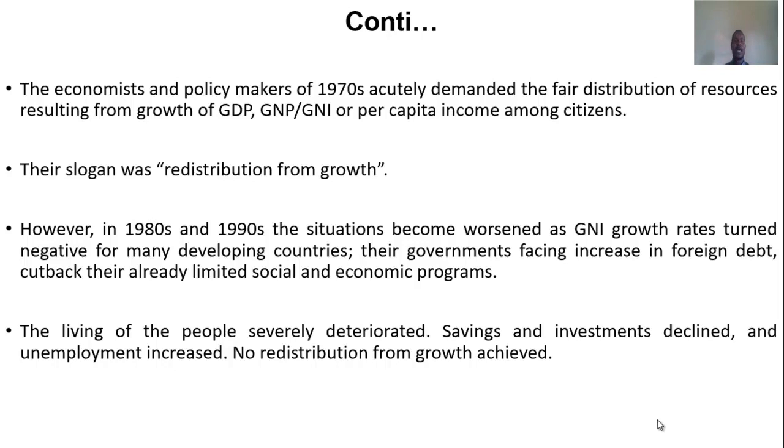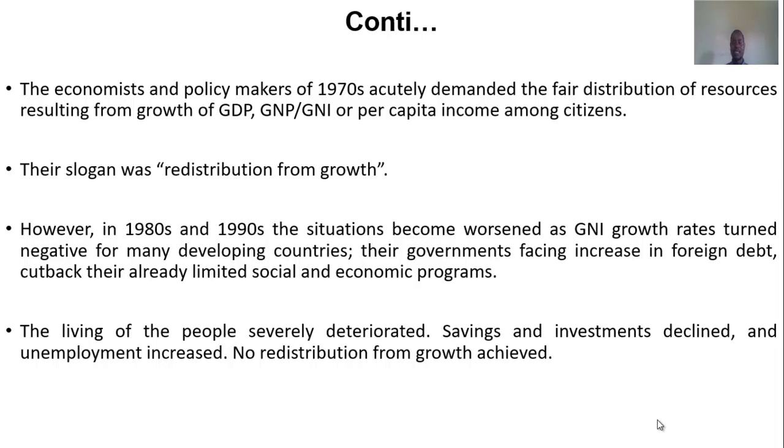In the 1970s, the public cost of redistribution from growth was raised while GDP was increasing. At that time, at least GDP was increasing. But in the 1980s and 1990s, it became worse, and even GNI turned negative for many developing countries.